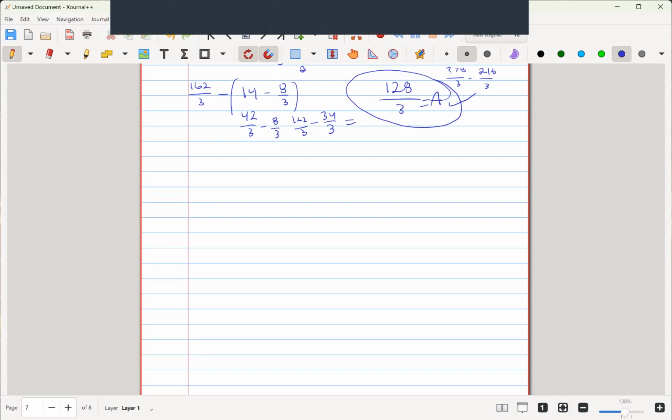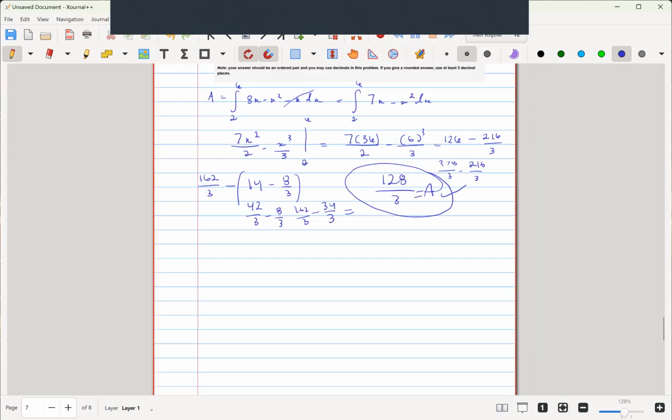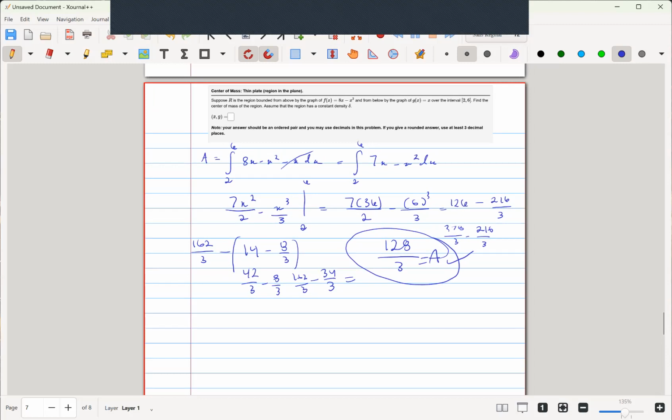Not much has changed, but our formula is going to be 1 over A, integral from a to b, x times f of x minus g of x dx.